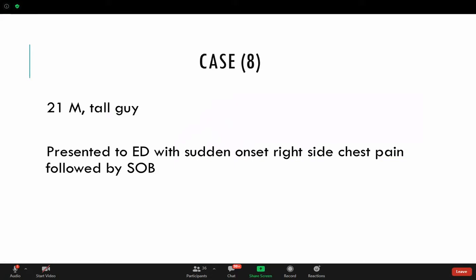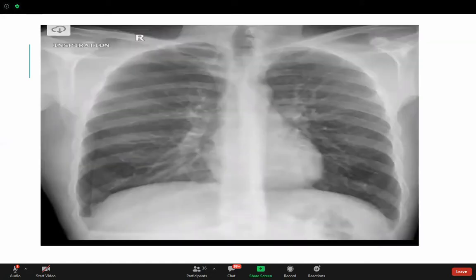A 21-year-old male, tall guy, presented to the emergency department with a sudden onset right chest pain followed by shortness of breath. So pain, then shortness of breath. This is his chest X-ray. Describe what you see. I would like a description, guys.